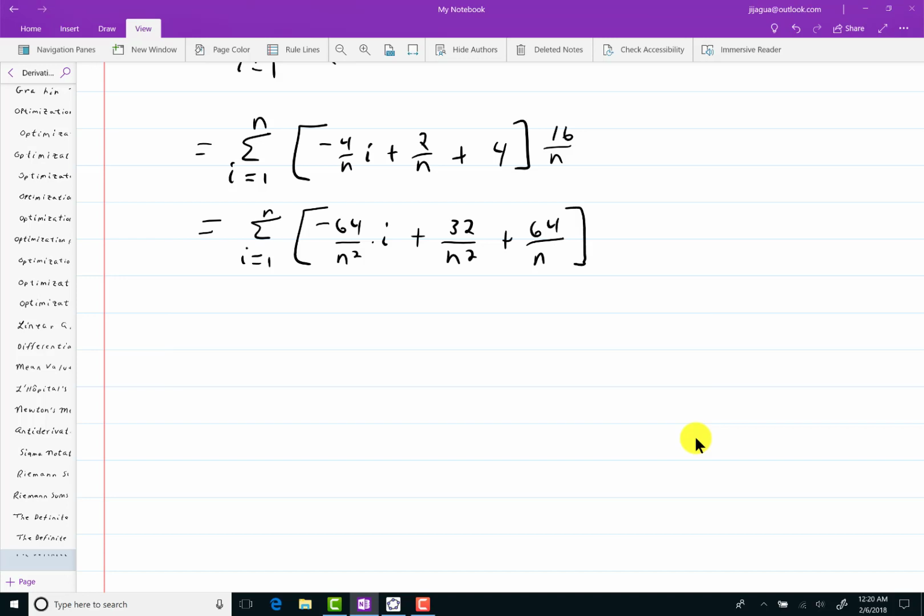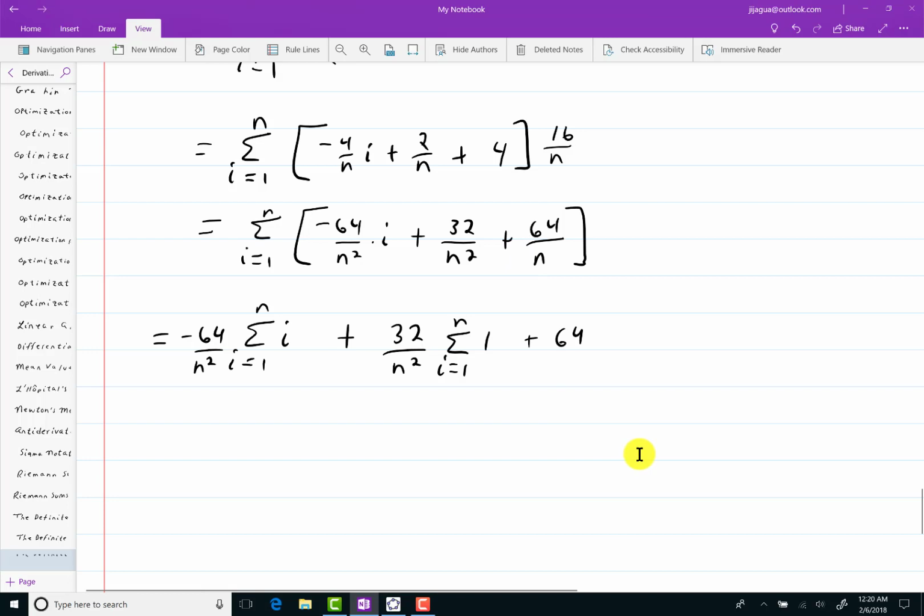And I can break it up into a series of summations. i equals 1 to n, negative 64 over n squared times i, plus 32 over n squared times the sum i equals 1 to n, but this time it's just 1. And then finally this guy back here, we get plus 64 over n times the summation i equals 1 to n of 1 also.